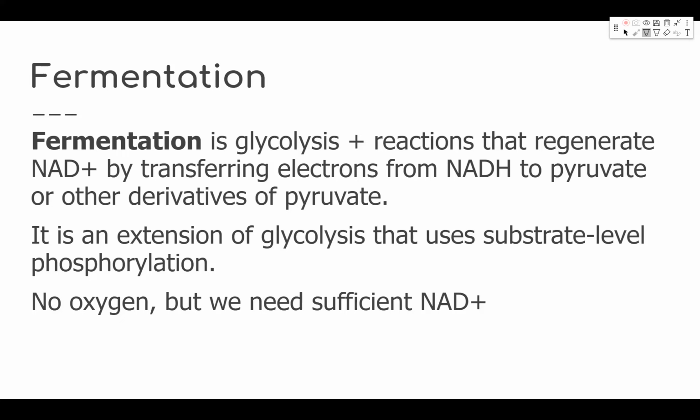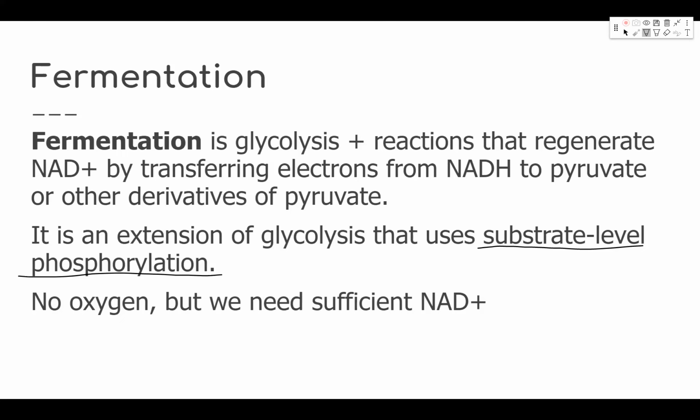Fermentation is also referred to as an extension of glycolysis that uses substrate level phosphorylation. When we did cell respiration, we touched on the fact that the electron transport chain uses oxidative phosphorylation.